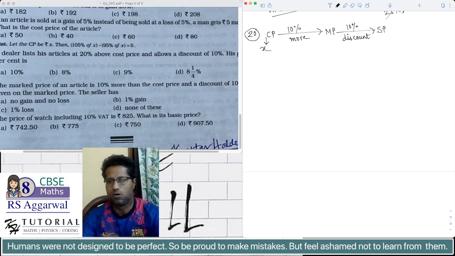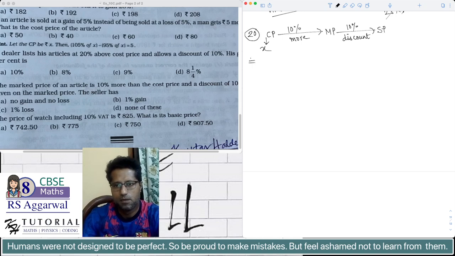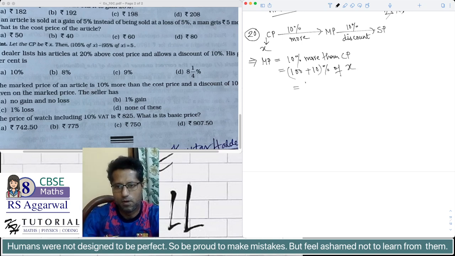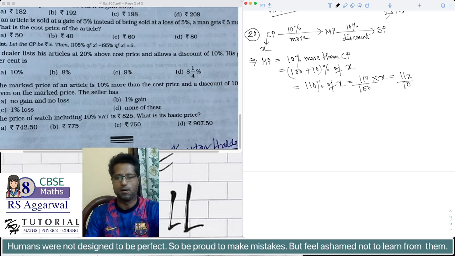We have assumed the cost price to be X. So this implies the mark price should be equal to 10% more than CP, which is equal to 100 plus 10% of CP, and CP is X. This is equal to 110% of X, which is 110 divided by 100 multiplied by X, which is 11X by 10. So this is the mark price.